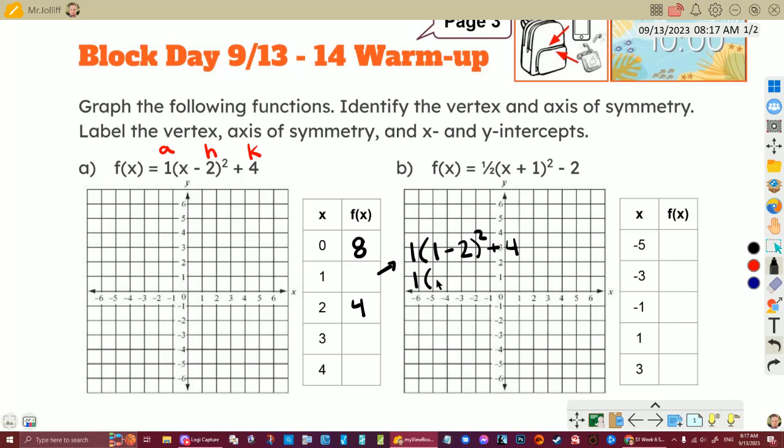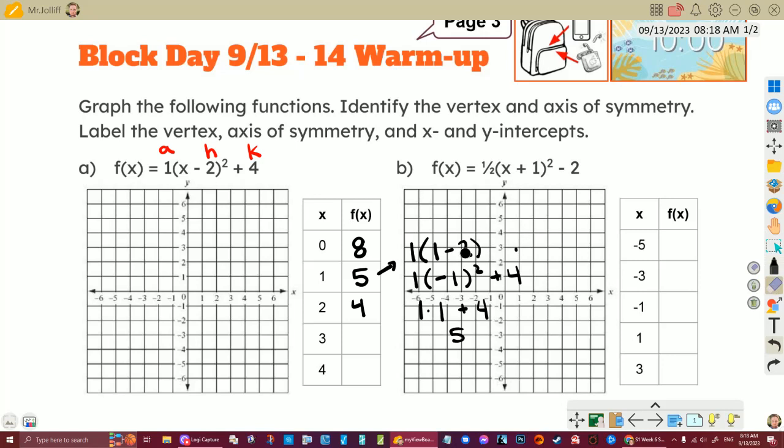So 1 minus 2 is minus 1. Then we do the exponent. Minus 1 times itself becomes positive 1. 1 times 1 is 1, and 1 plus 4 is 5. So that next box should be 5.